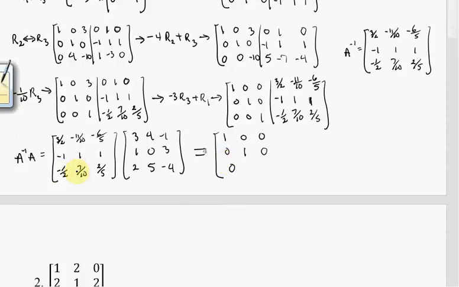And then the third row, second column, so that's just negative 2, that's 0, and then this is plus 2, we get 0. Then the third row, third column, so we get 1/2 plus 21 over 10 and then minus 8 over 5.